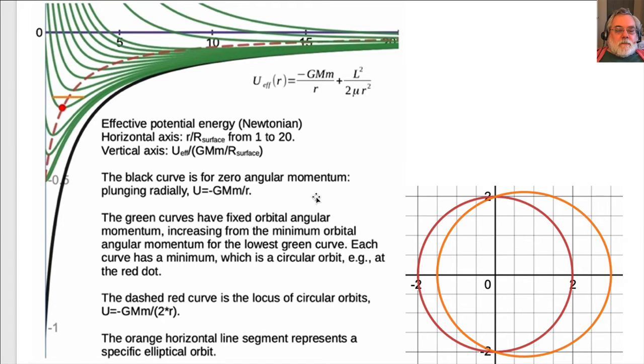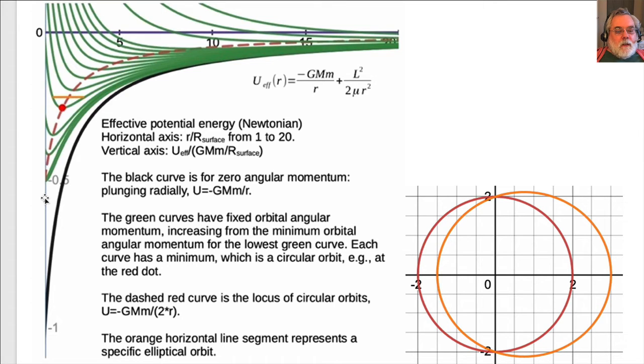The black curve is for zero angular momentum, so we would use that if we were plunging radially. So plunge, plunge, plunge, and then we hit the surface. Whack. The green curves have fixed orbital angular momentum, increasing from the minimum orbital angular momentum for the lowest green curve.